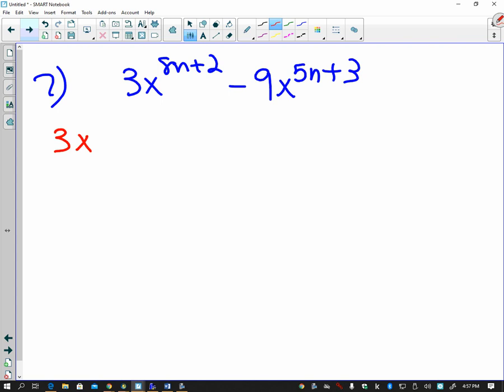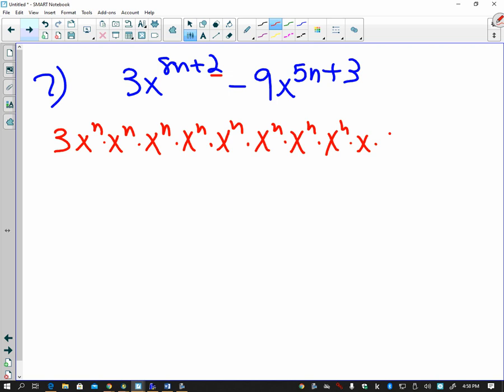But x^(8n) is x^n eight times: 1, 2, 3, 4, 5, 6, 7, 8. And then this 2 here is x times x, or 1 and 1. So all of this that you see here is 3x^(8n+2) drawn out into its most basic parts.